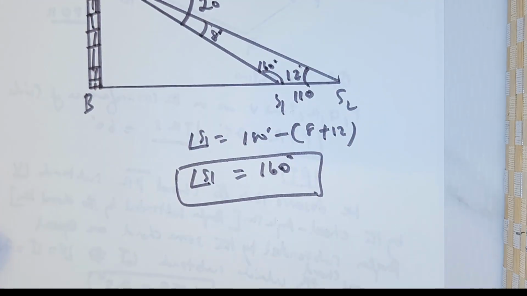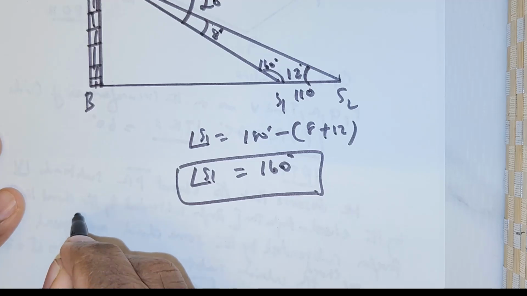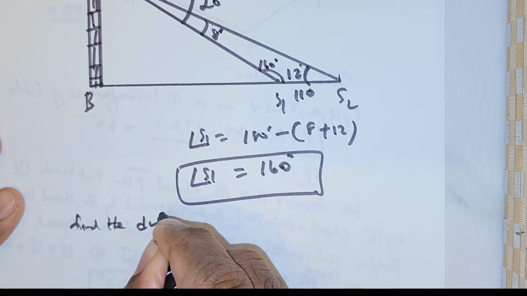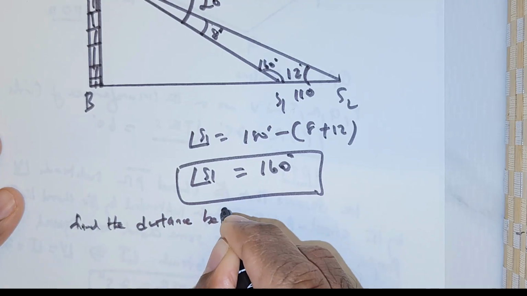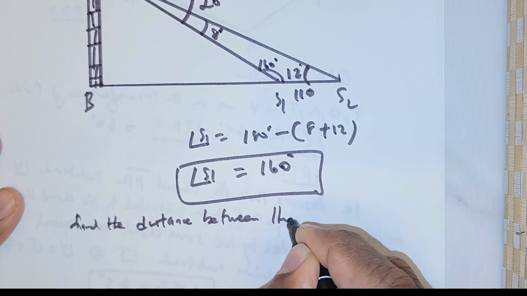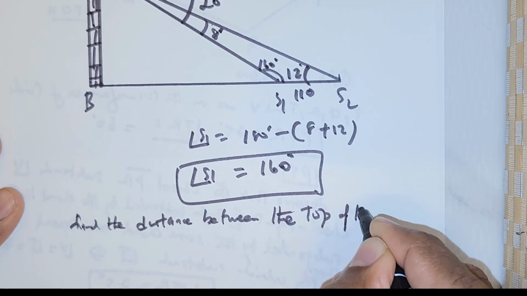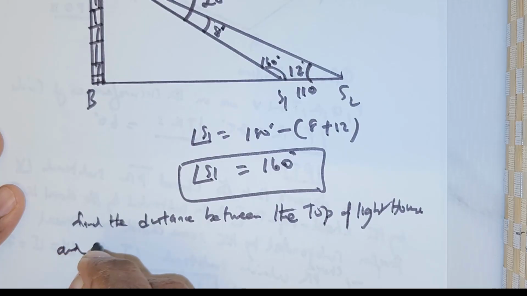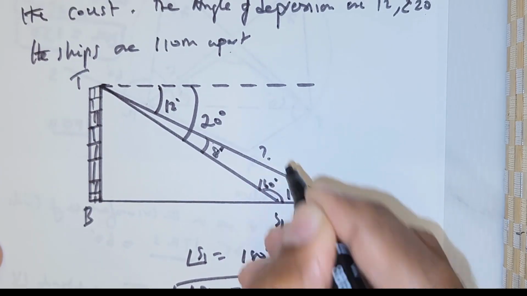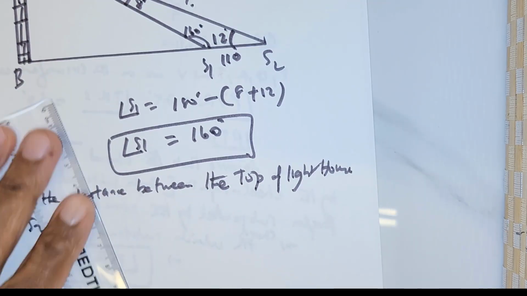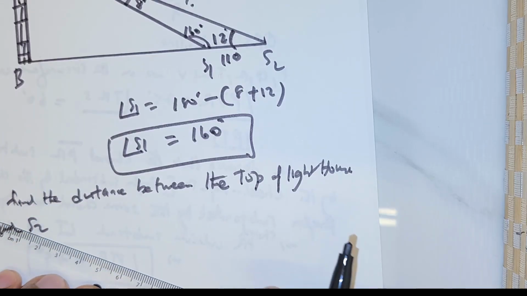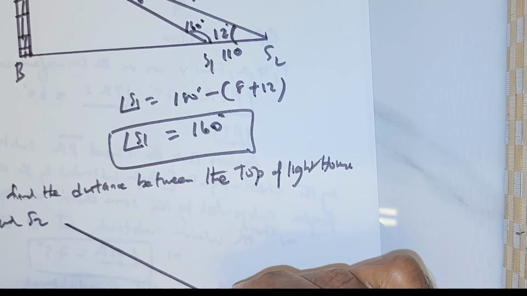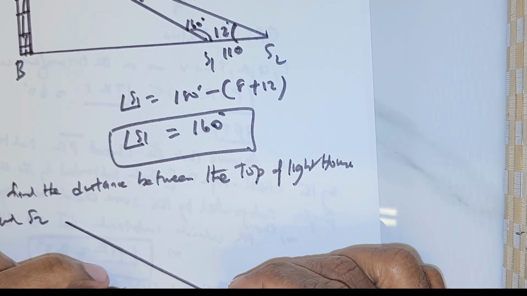Let's do the next part of the question. We are asked to find the distance between the top of the lighthouse and ship S2. So this distance is required. So let me draw that.